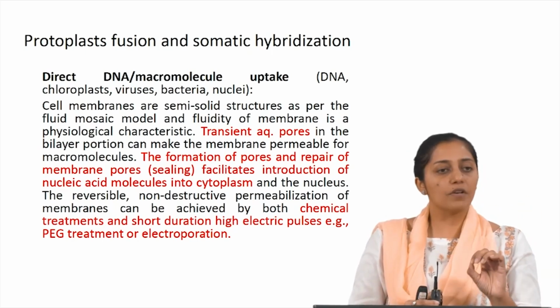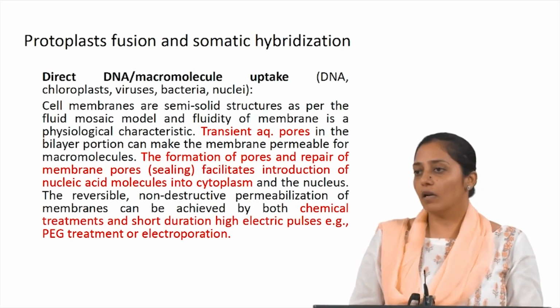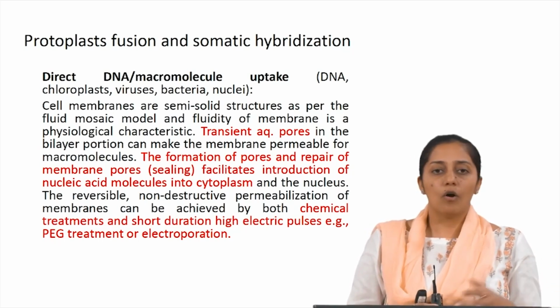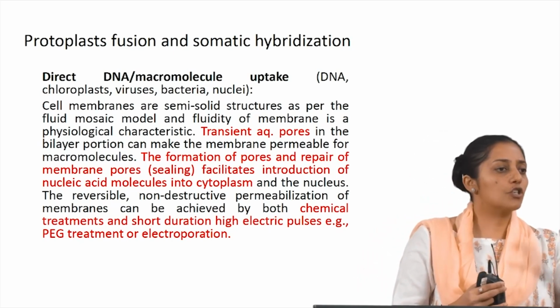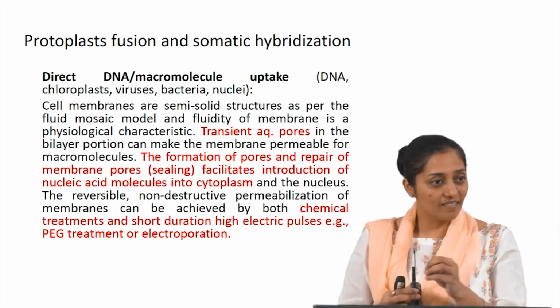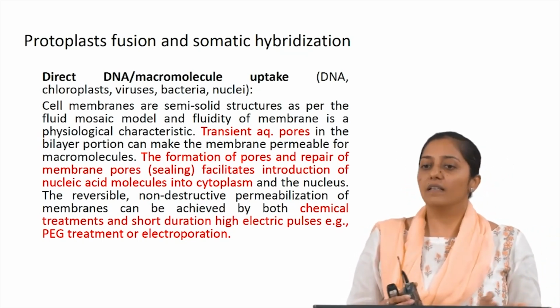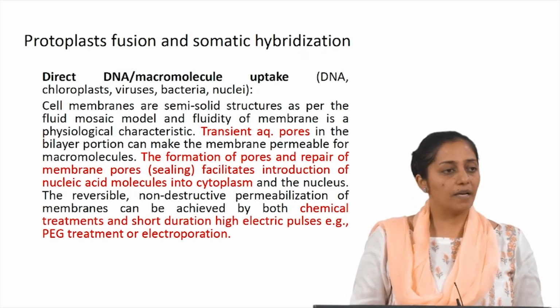The same process is facilitated by using polyethylene glycol or other chemicals, or even short duration heat shock treatment, which you must have heard of for transformations, or electric pulses, electroporation. The same thing can be used here to improve results of somatic hybridization.